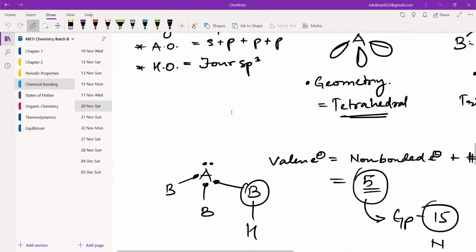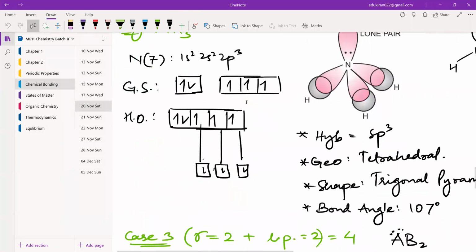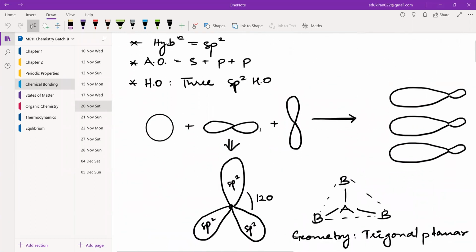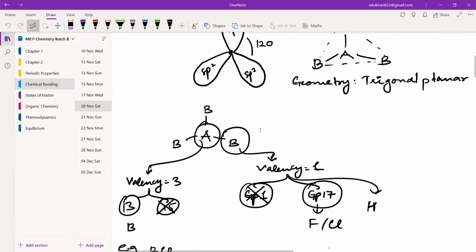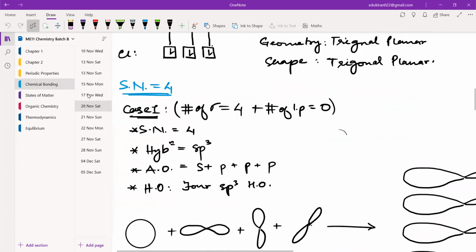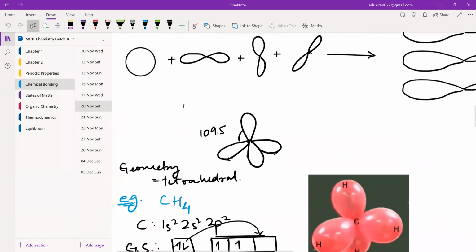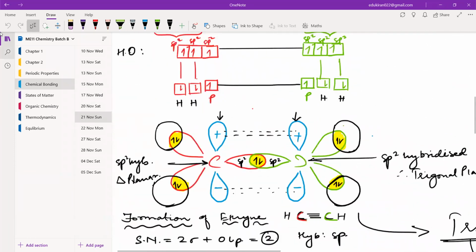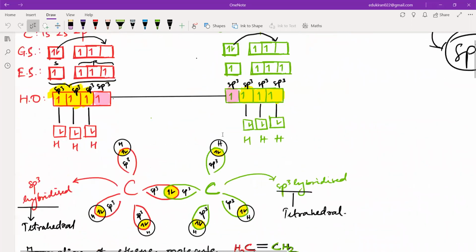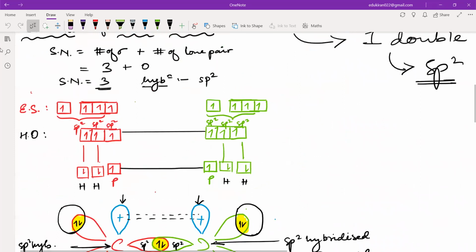So it is always a good thing to go back and see your notes. Formation of ethane.